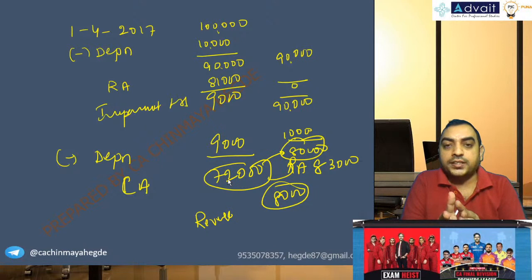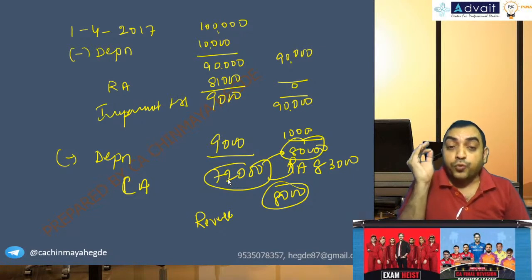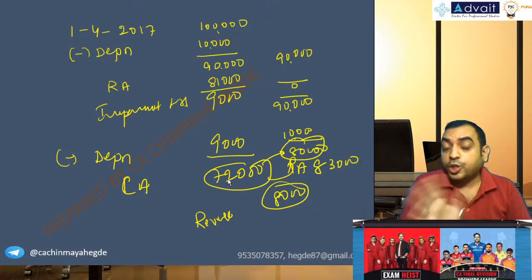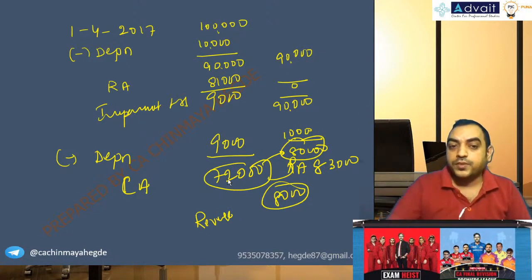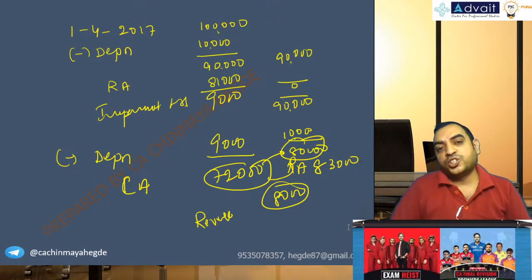Only to that extent is reversal allowed. You cannot call the balance amount reversal of impairment. If you want an additional amount, that becomes revaluation reserve. That is what this point is all about. Reversal of impairment is allowed only to the extent of the carrying amount if there was no impairment.